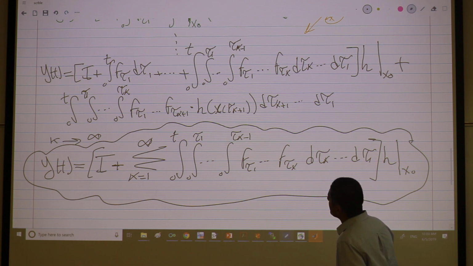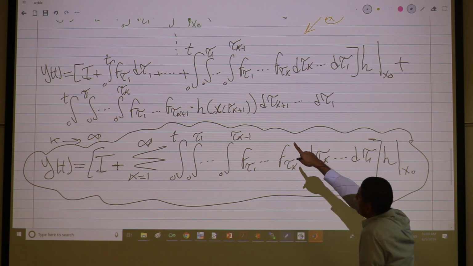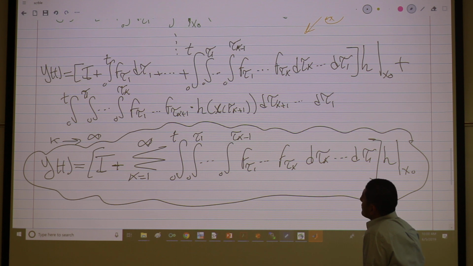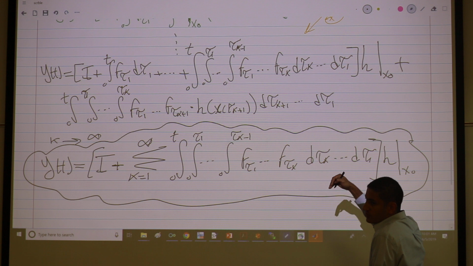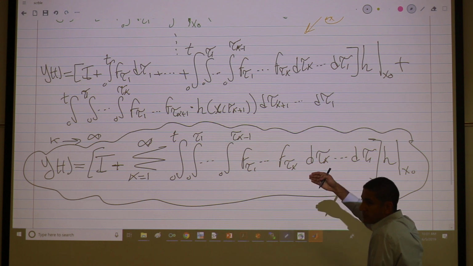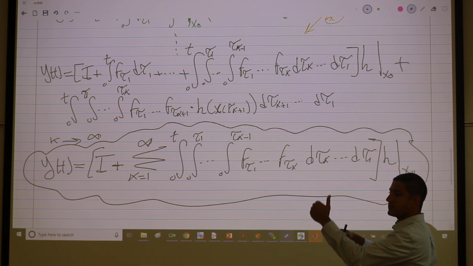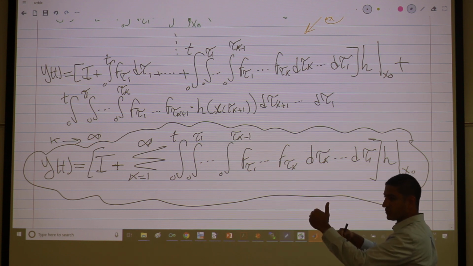When you take k to infinity, so tau 1 is less than, so what is the iterated integral? Tau 1, tau 2. Tau 2 is less than tau 1, right? When you do the iterated integral, tau 2 less than tau 1, because you integrate d tau 2 from 0 to tau 1. Okay. So tau 2 is less than tau 1.